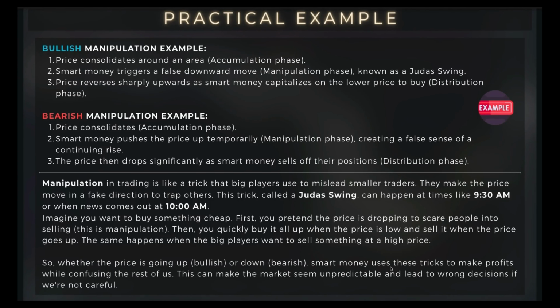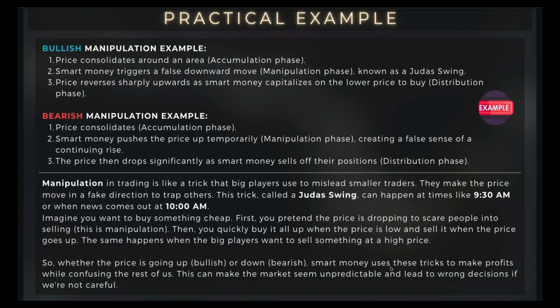Lastly, manipulation in trading is like a trick that big players use to mislead smaller traders. They make the price move in a fake direction to trap others. This trick, called the Judas swing, can happen at times like 9:30 a.m. or when news comes out at 10 a.m. Imagine you want to buy something cheap. First, you pretend the price is dropping to scare people into selling.